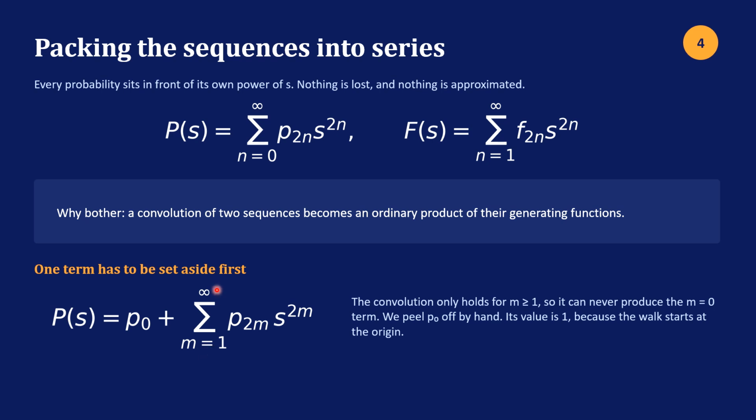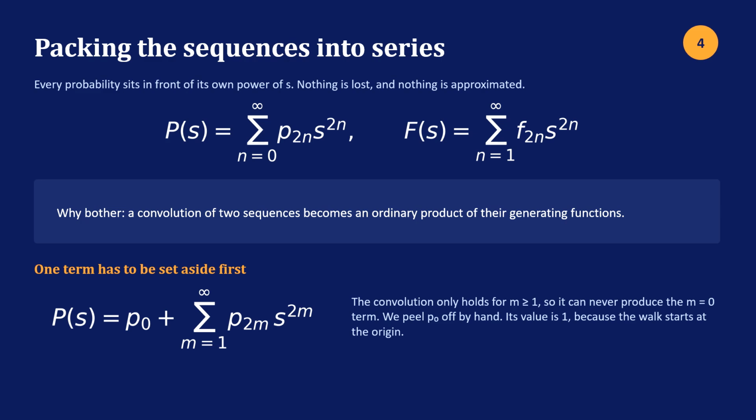One other point, I believe I called this G of S in the previous lesson, but it's the same thing. I went with F here because I think it's easier to remember. These are the first return probabilities, and these are just the probabilities of being in the state after so many steps. So this is an easier way to remember these two.